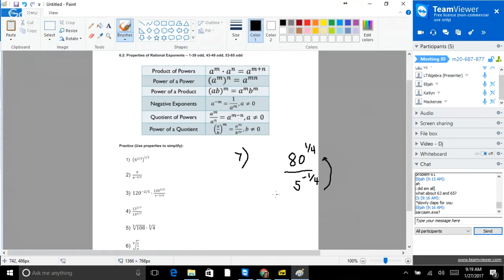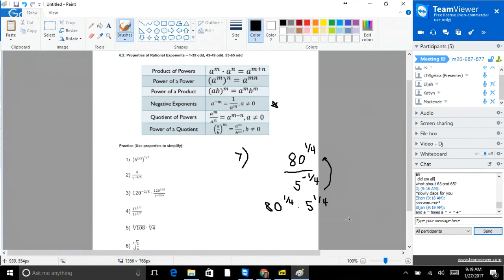So I'm going to rewrite this as 80 to the 1/4 power times 5 to the 1/4 power. And we're allowed to do that because of negative exponents. A to the negative m power is 1 over a to the m power.